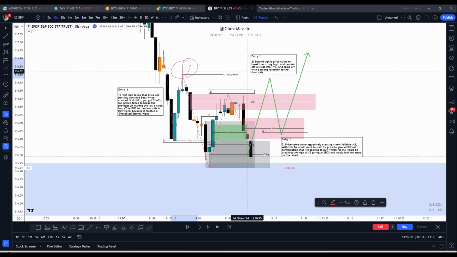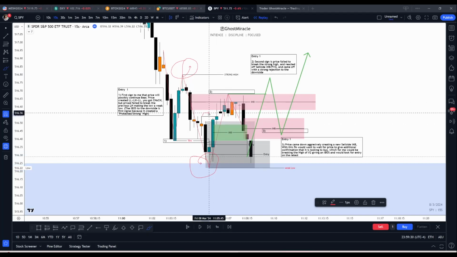This high here. So, with the market expectations, you would expect this high to hold, and this low would become weak right here. So you have a weak low and a strong high.